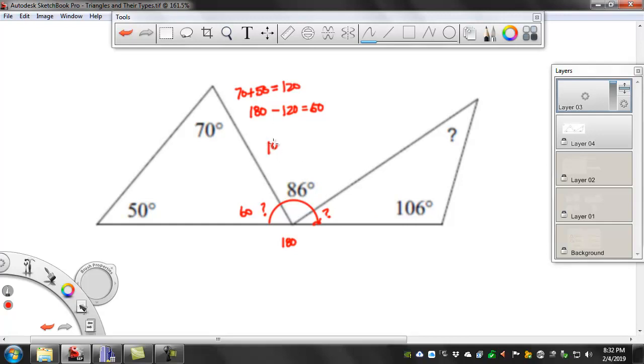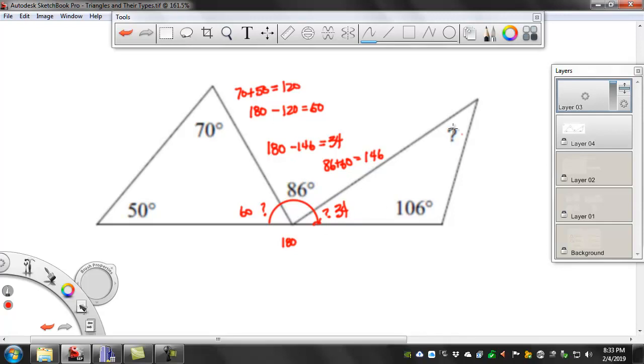So we'll take 180, let's see, 86 plus 60. 86 plus 60, that's 146. So 180 minus 146 will give me 34 degrees. So this angle right here is 34.